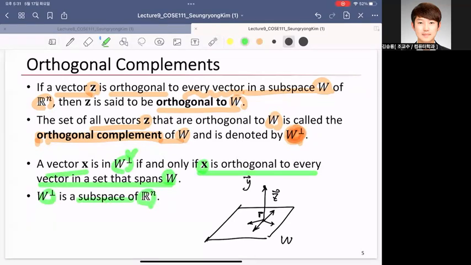So there exists an arbitrary subspace that looks like this. This can be represented like this. So this set of the vectors Z is called the orthogonal complement of W.